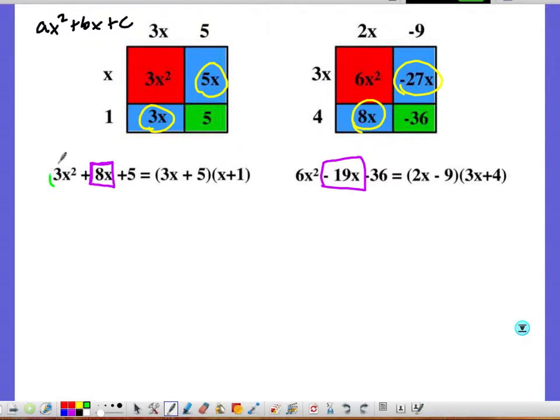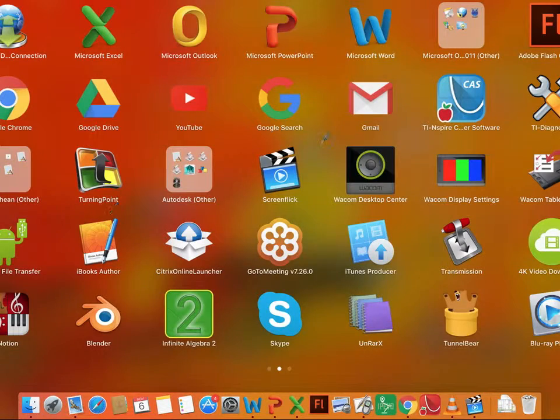In this case, my number is 3. So I'm going to take the coefficient of x squared, which is 3 in this quadratic equation, and multiply it by the constant, which in this case is 5. So 3 times 5, and multiply them together, and that gives me 15. Same thing I want to do here. I want to take my coefficient of x squared, which in this case is 6, times my constant, which is negative 36. Alright, so let's go ahead and multiply those together.